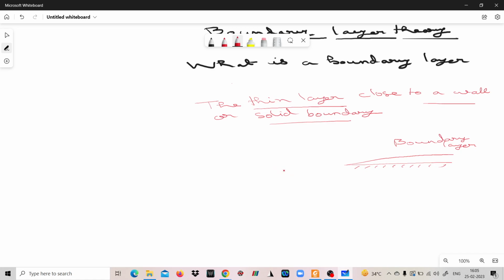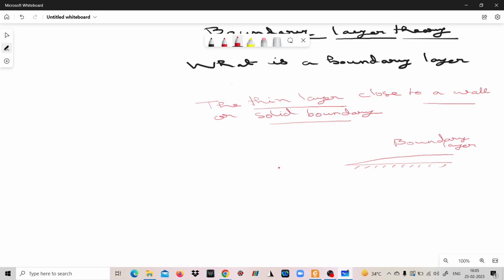For example, if you are designing an aircraft, for the hydrodynamic or aerodynamic parameters you will definitely require the concept of boundary layer. In river engineering or coastal hydrodynamics, whenever we study the movement of sediment transport or whatever is happening at the seabed or the river bed, there also the concept of boundary layer is equally important.